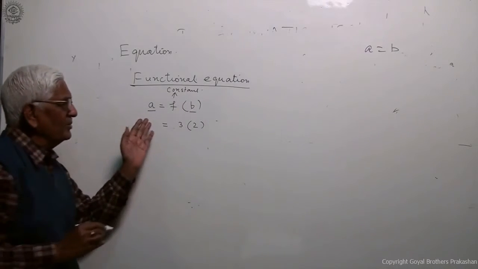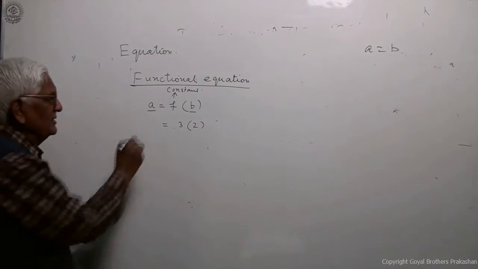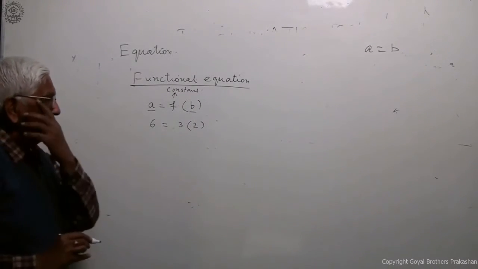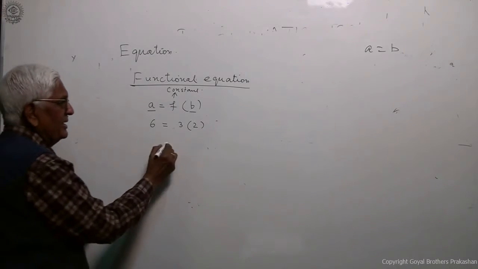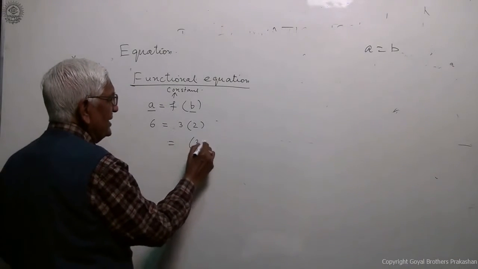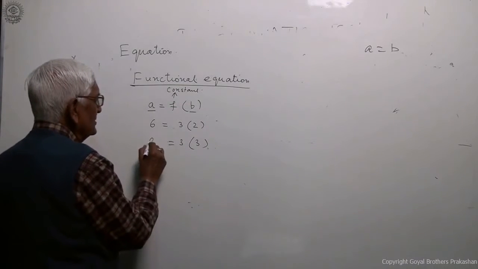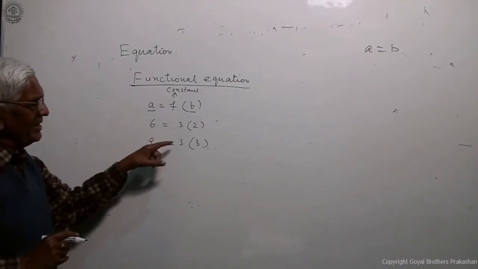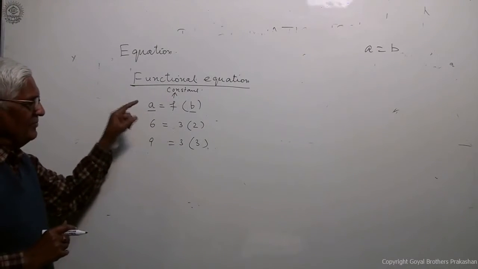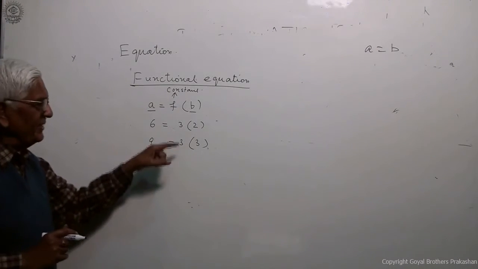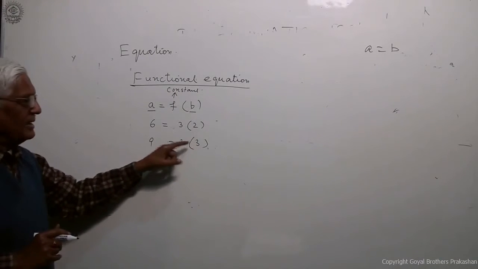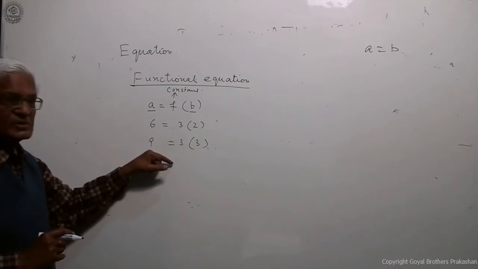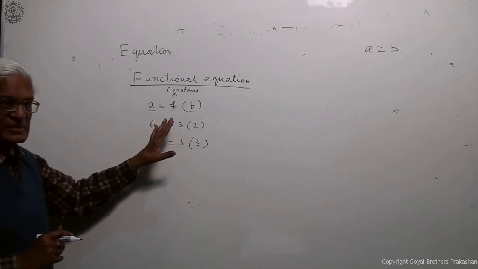The value of F doesn't change. Then A will be 6. You can take another value. If B is 3, F remains 3, then A will be 9. So what will be the value of A will depend upon the value of B. Value of F is given, of course, but this is constant.